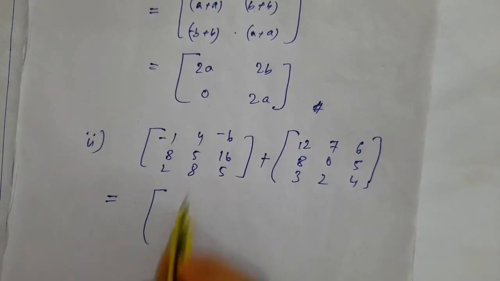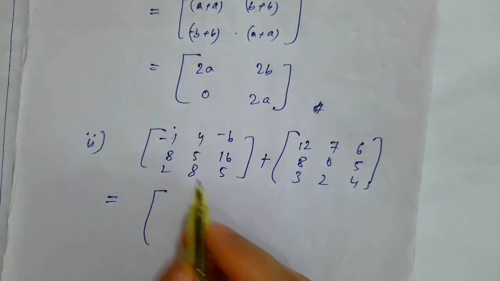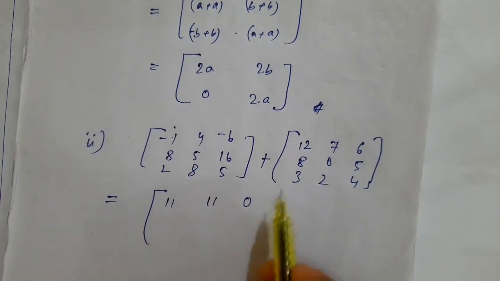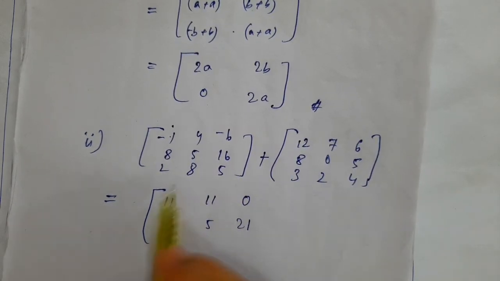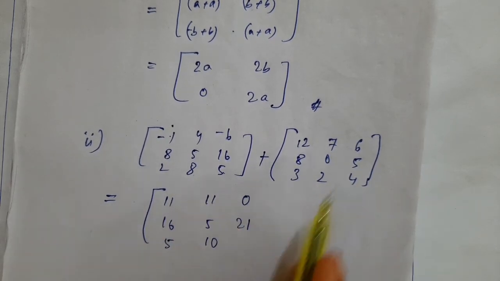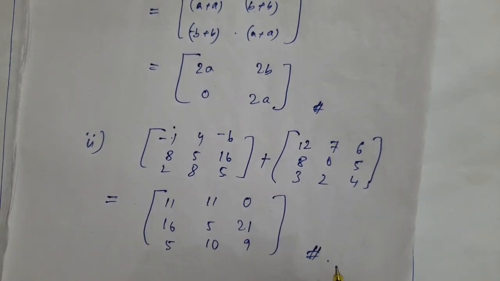We can simply add corresponding elements. Minus 1 plus 12, it becomes 11. 4 plus 7, 11. Minus 6 plus 6, it becomes 0. 8 plus 8, 16. 5 plus 0, 5. 16 plus 5, 21. 2 plus 3, that is 5. 8 plus 2, 10. 5 plus 4, 9. That is the result. It is as simple as that.